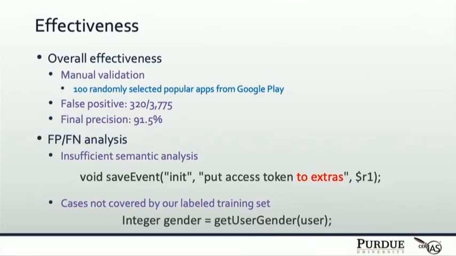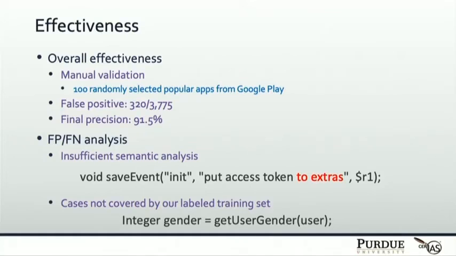For the false positives and false negatives, some of the false positives are caused by insufficient semantic analysis. In this example, Clue Finder reports that the variable R1 here contains the access token information.